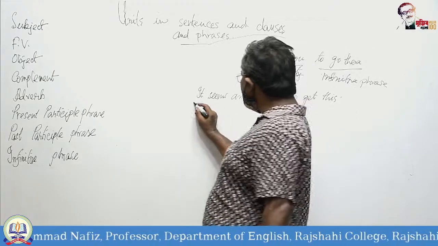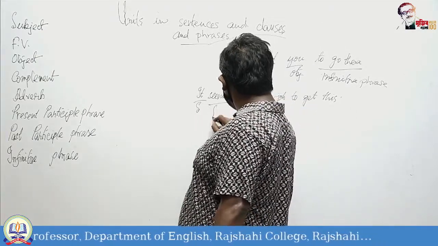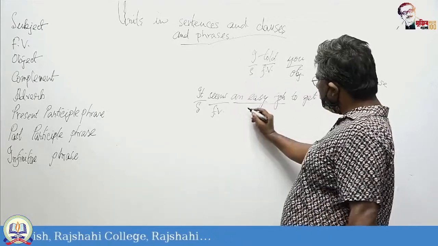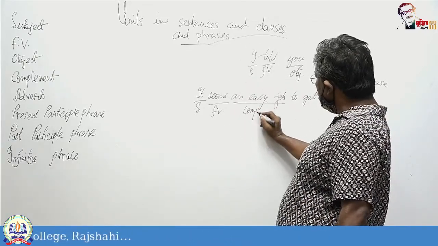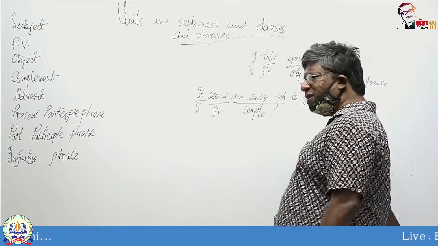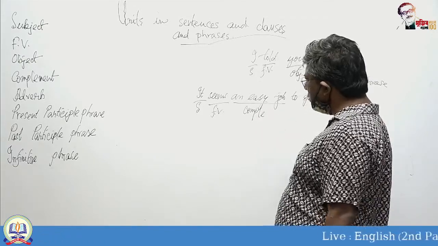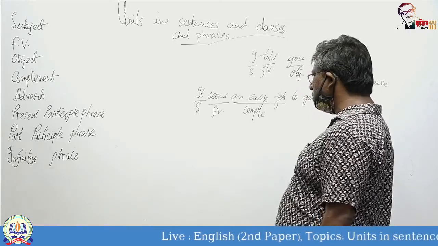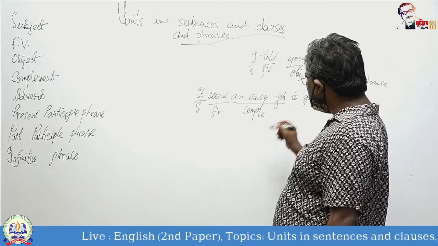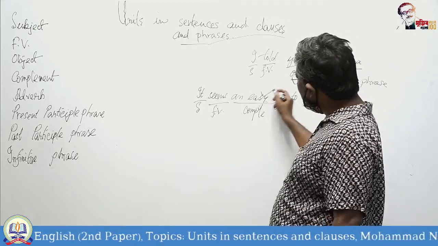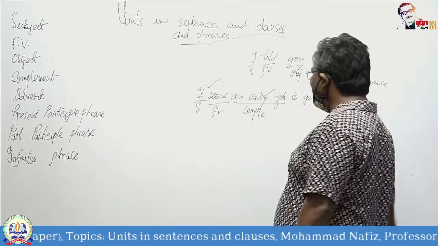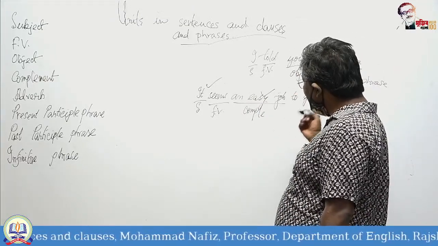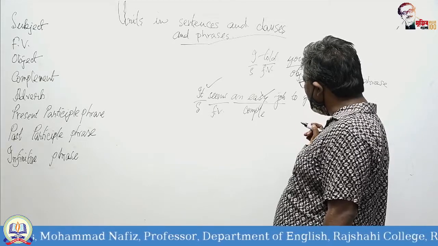It is the subject, seems is the finite verb, an easy job is the complement, because if you translate in Bangla simply, what will be the sense of the sentence? এটা মনে হয় যে, এটা একটা সহজ কাজ মনে হয়, সহজ কাজ, an easy job, and it are the same idea.